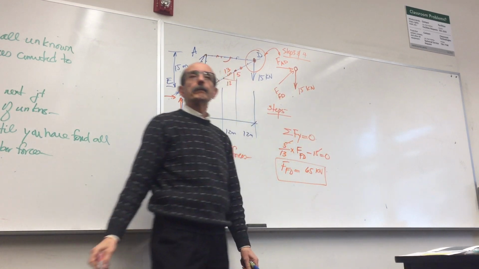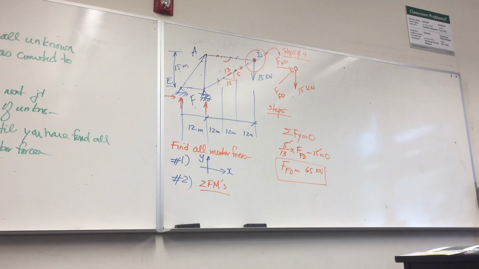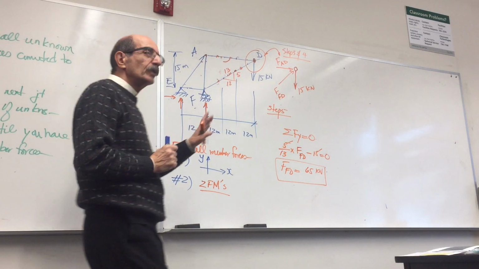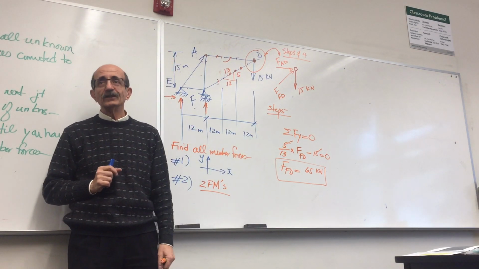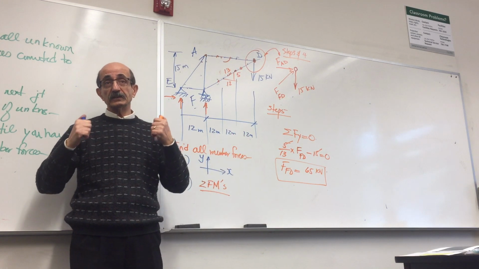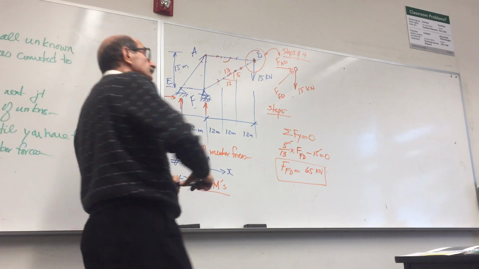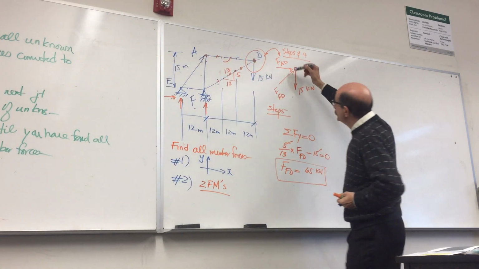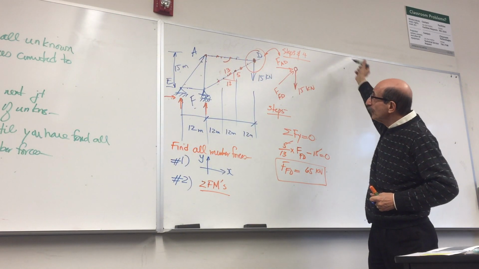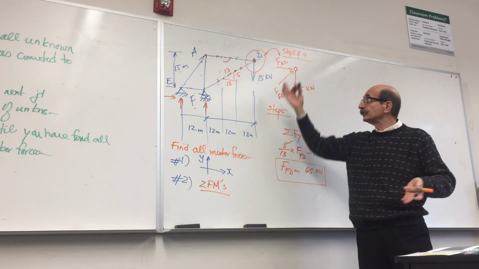Am I done? It came out positive, which means the assumed direction is correct. Do I need to do anything? The answer is incomplete. This is only half the answer. You need to identify whether this force is exerting a compression force on the member or a tension force. Remember, these are forces coming from those members acting at that joint. Who cares about the joint?